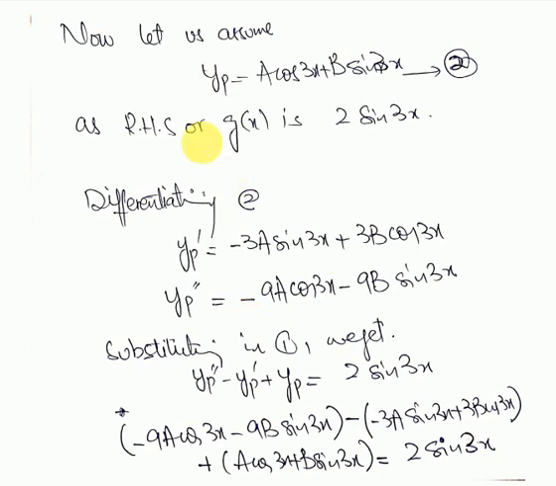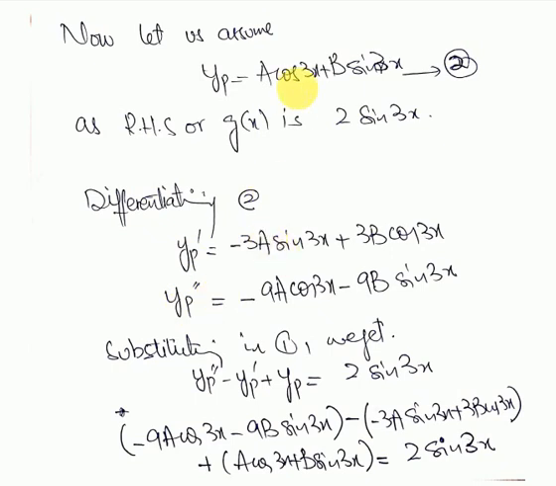Differentiating, yp dash is equal to, as this is a cos 3x plus b sin 3x, the derivative of cos x is minus sin x, so a cos 3x gives minus 3a sin 3x, plus b sin 3x gives plus 3b cos 3x. This is yp dash.